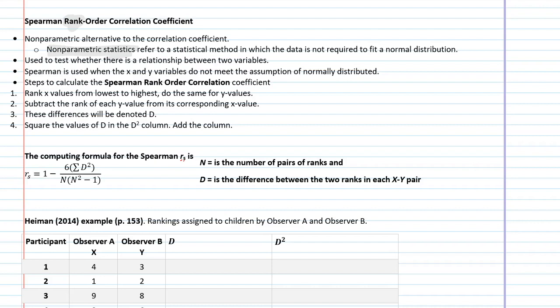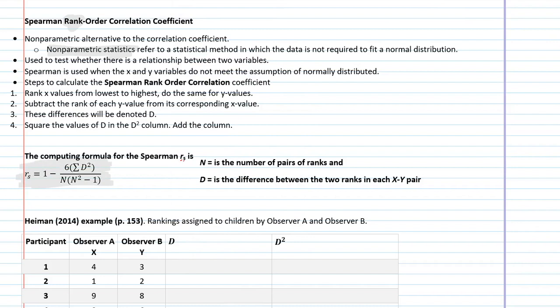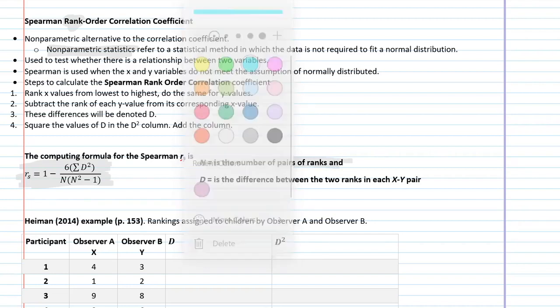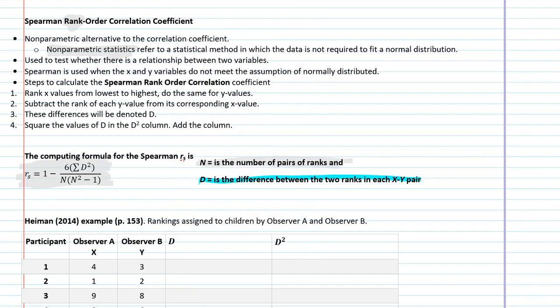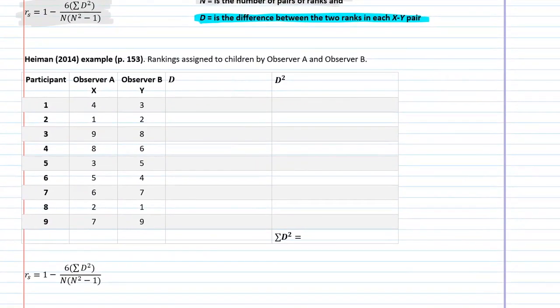The good news is that the formula is pretty easy compared to what we just did. It is so much easier to use. What you need to know: N is going to be the number of pairs, and we kind of knew that already. And then D is going to be the difference between the X and the Y. One thing you need to know is that I'm already giving you the data ranked.